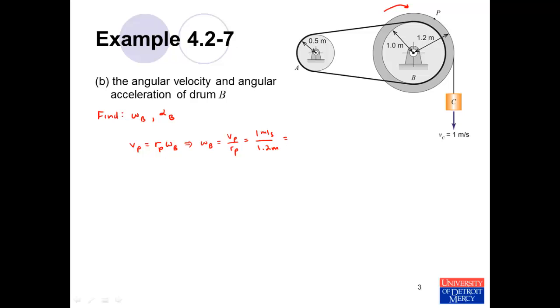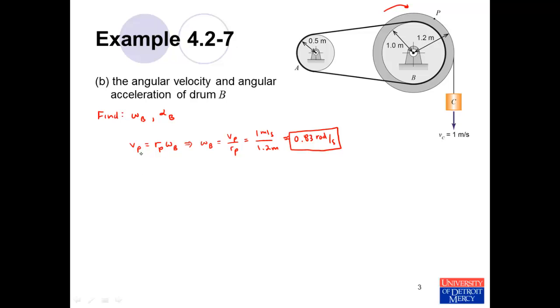One divided by 1.2 is approximately 0.83 when we round. The meters cancel, and so we're left with units over seconds, and implicitly that's radians per second. Radians is kind of a non-unit. So that's the angular velocity of drum B.